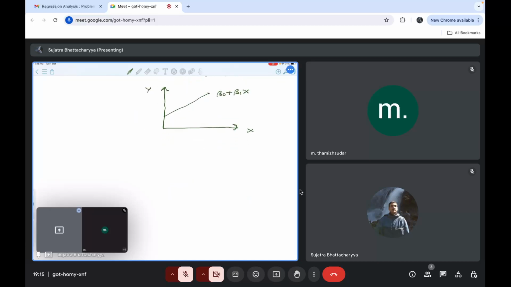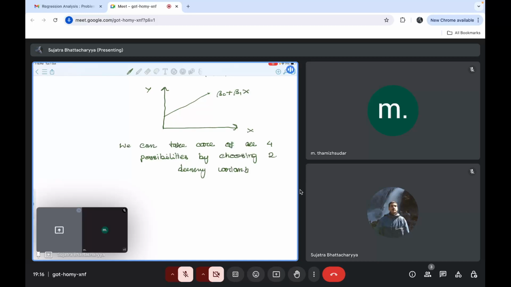Okay, so now we can take care. Now, how will we take care of all these four possibilities? So we can take care of all these four possibilities by choosing two dummy variables.